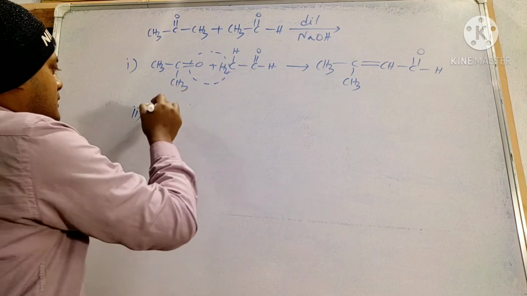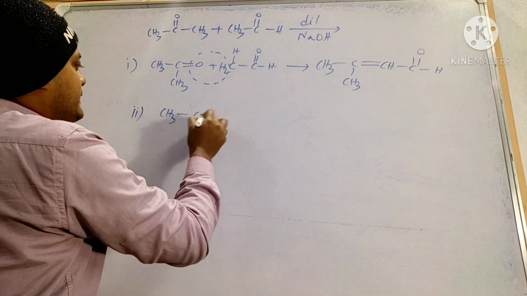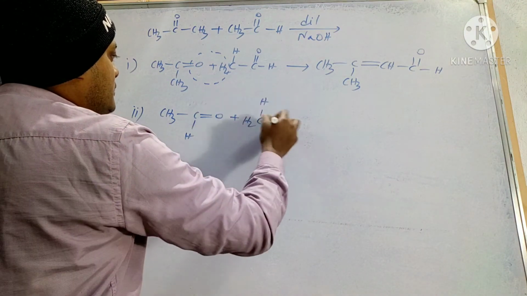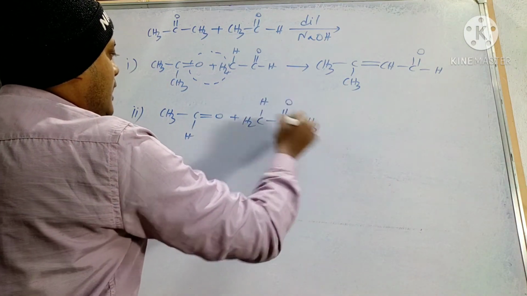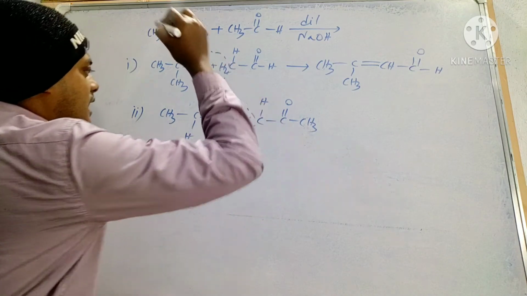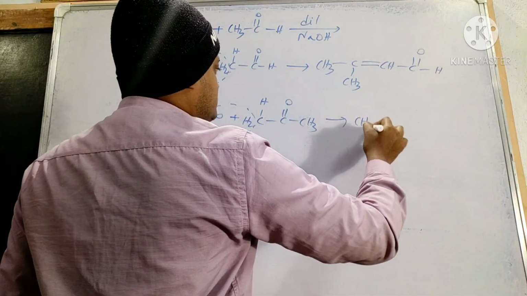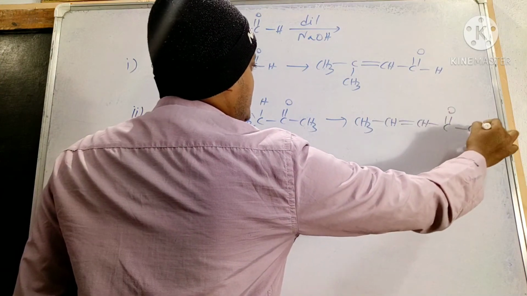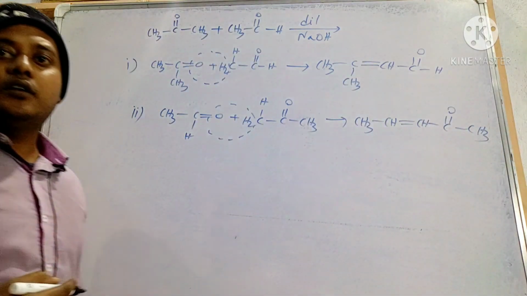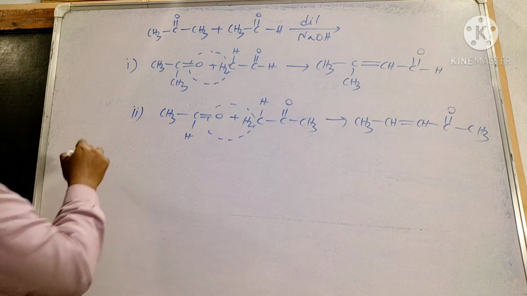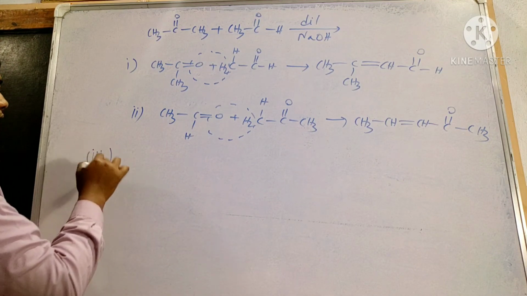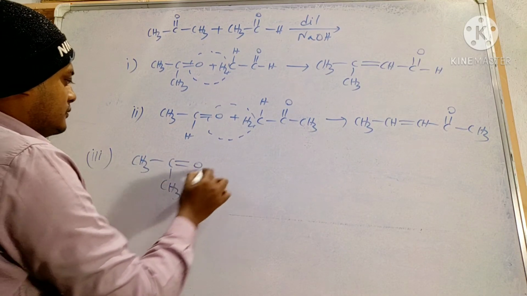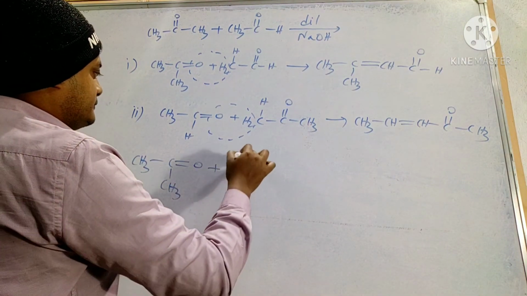Second one, acetaldehyde donates oxygen and acetone donates alpha hydrogen. So these 2 are cross products. Third one, the self product, 2 molecules of acetone.